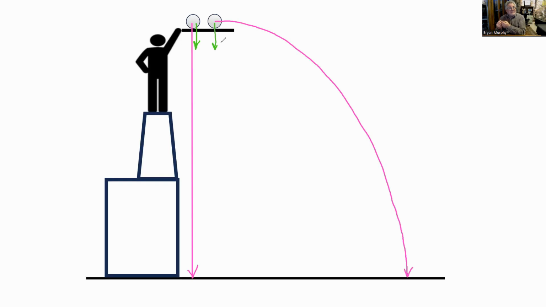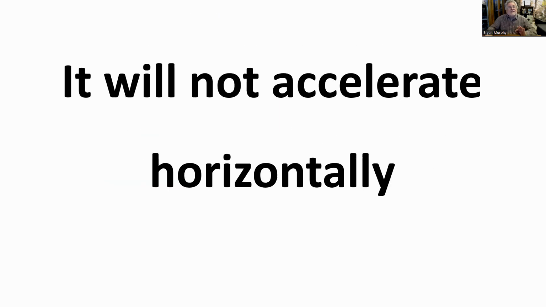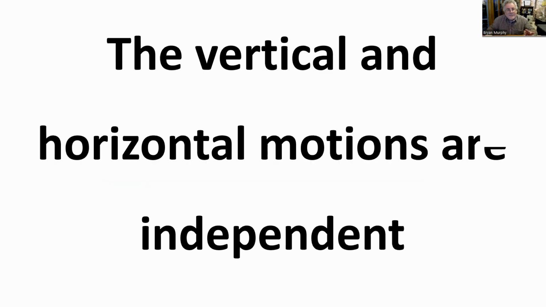Since they're at the same height, they are going to hit the ground at the same time. That is the fundamental thing. What happens to the horizontal velocity is completely irrelevant. It doesn't matter.